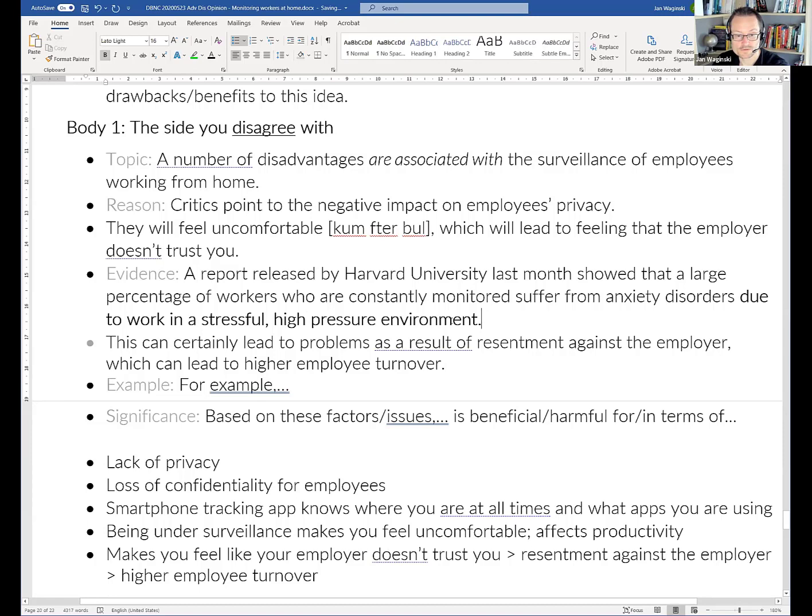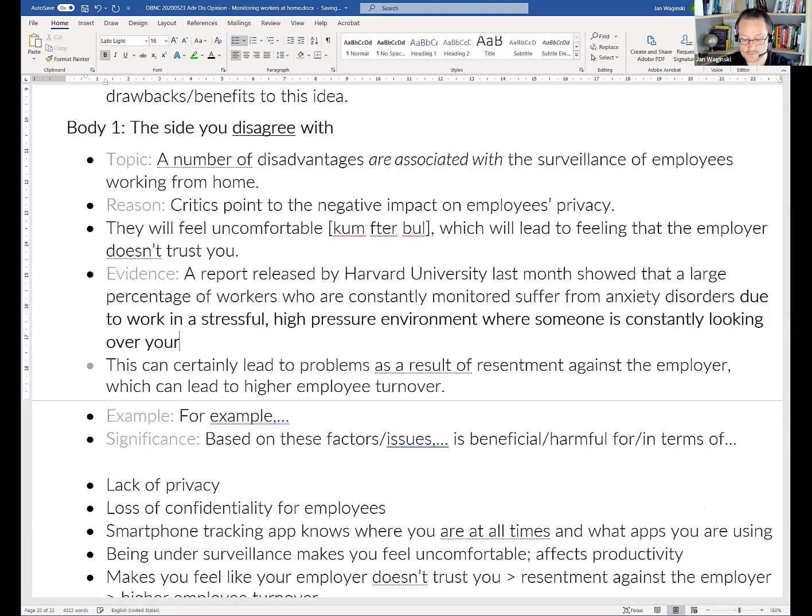To work in a stressful, high-pressure environment where someone is constantly looking over your shoulder, even if only virtually.